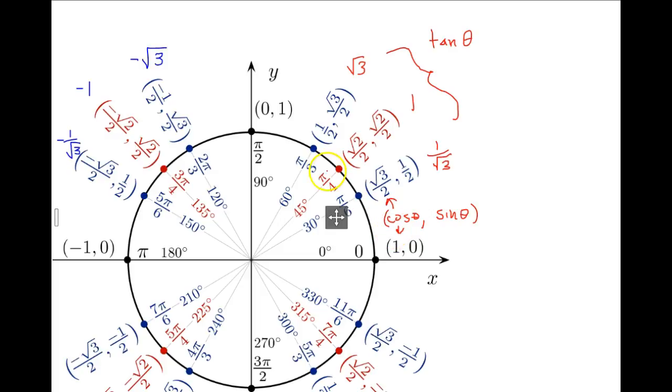So all the points that are given to you on the unit circle are cosines and sines. And then if we divide the y-coordinate by the x-coordinate, we're always going to get these all the way around, positive or negative, based on the sines and cosines, because it's division. Negative divided by negative is positive, so we'll get positive tangents. Positive divided by negative is negative, so we'll get negative tangents.